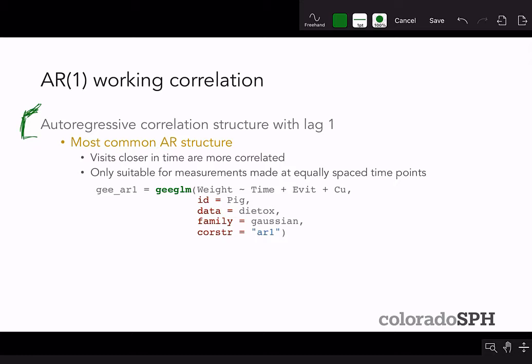This type of correlation structure is only suitable for measurements made at equally spaced time points, which is true in our data because we have measurements made once a week at every week. But if you had time points not equally spaced, then you can't use this type of correlation structure. And again, that AR1 is specified by this last argument of the function.